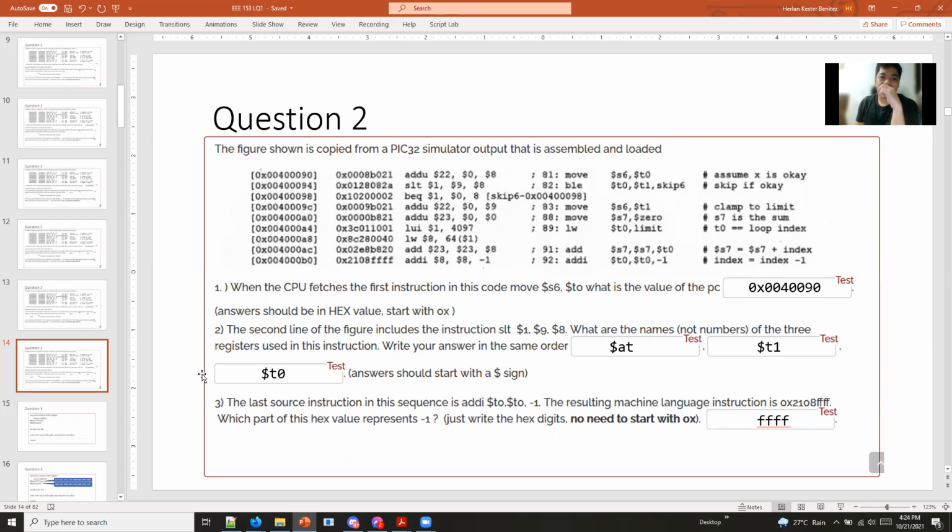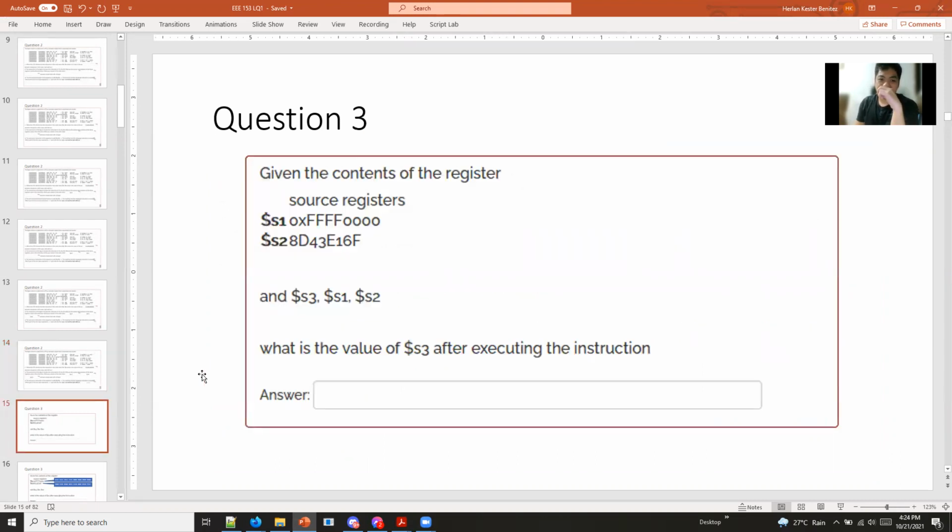Okay. Question number 3. Given the contents of these registers, si $S1 ay FFFF0000, and si S2, medyo konting typo, simula yan 8DF3E16F. And ano ba yung result ng operation na to?